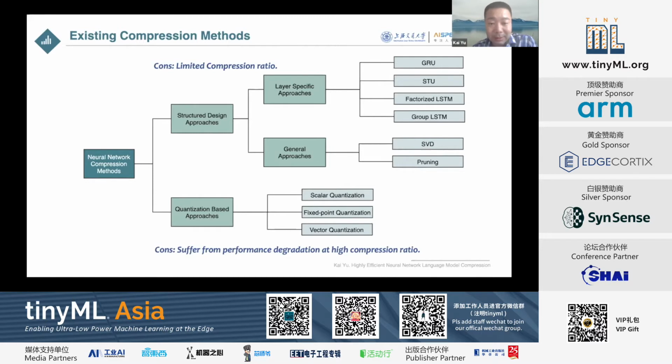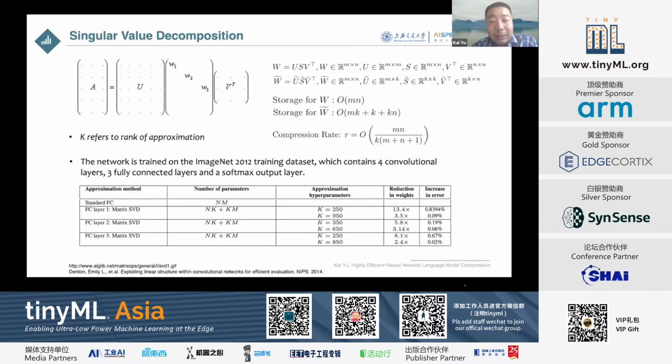We shall talk about this a little bit. Another direction is to do quantization. When we do structured design, we usually focus on general approaches, since very specific structured design is highly complicated and cannot be applicable to different models. So today I'm going to talk only about the general approaches.